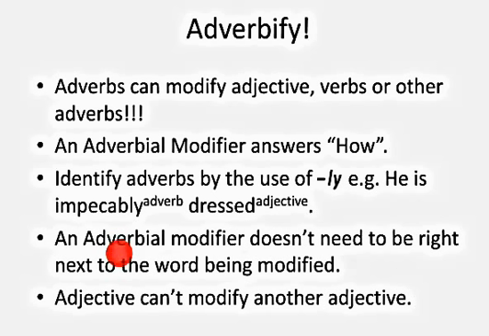Just remember that although when we look at a modifier, we always say the nearest noun, the nearest subject, the nearest verb or something, an adverbial modifier doesn't really need to be right next to it. And the last point is that an adjective can't modify another adjective. That's just what I told you.